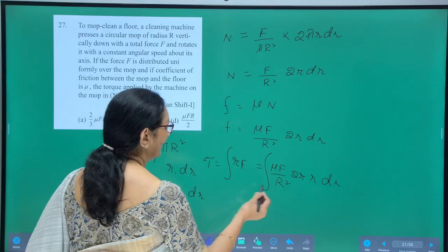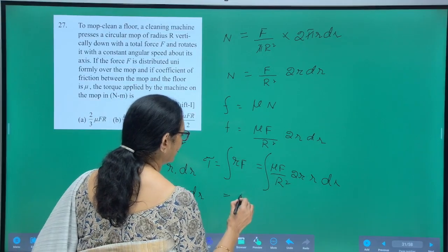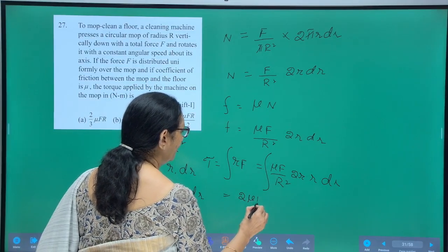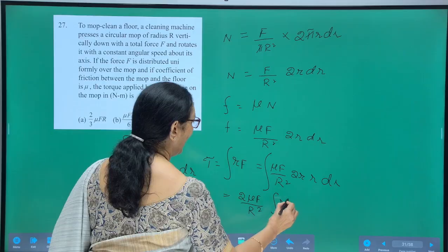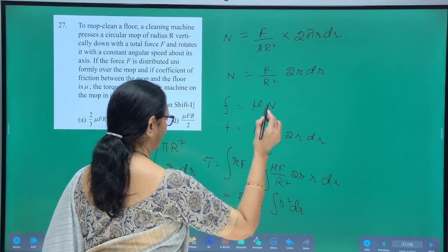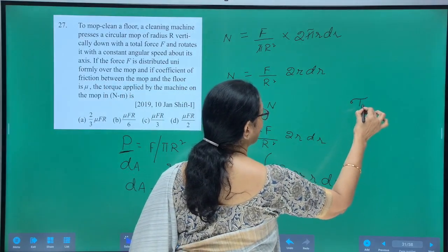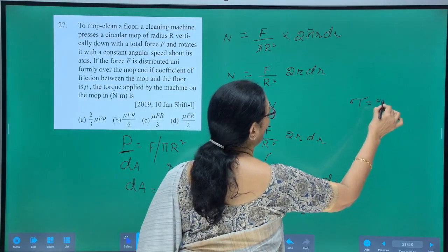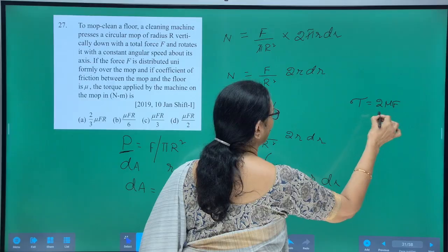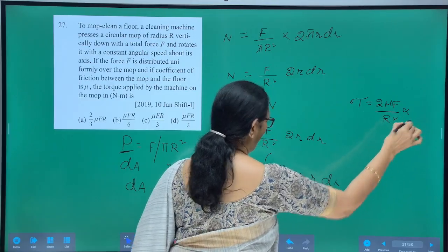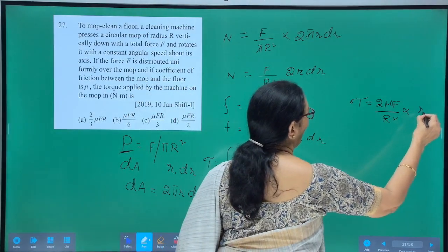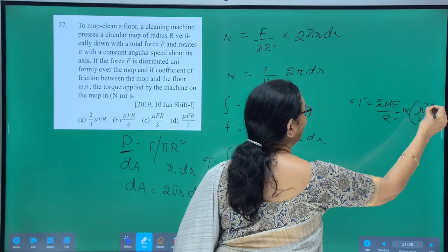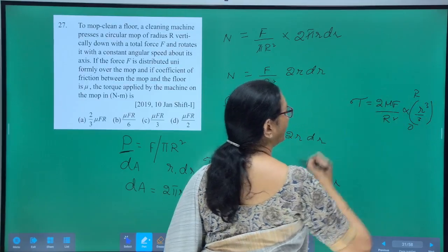So, let us take the constants outside the integral: 2 mu F by R square into r square dr. So, the torque is equal to 2 mu F by R square into the integral of r square, which is r cube by 3, and the limits will be 0 to R.